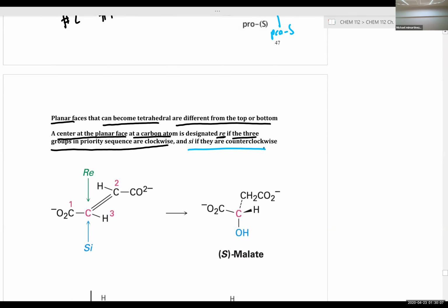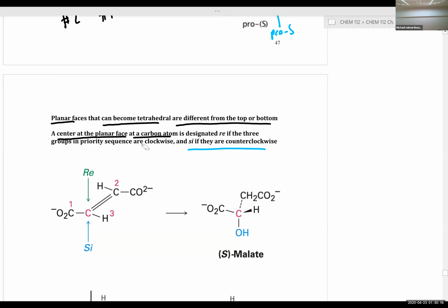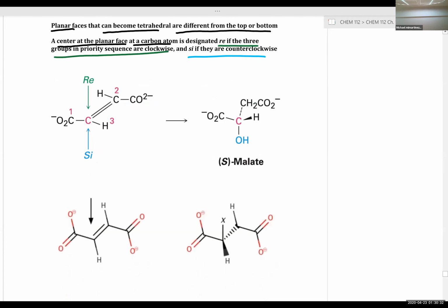So let's talk a little bit about what that means. Let me color code this. If we think about the Re versus Si faces, and we think about our priority groups, let's look at an example of an addition.